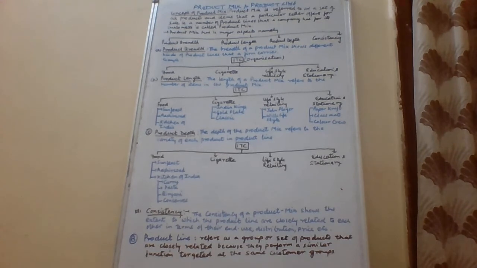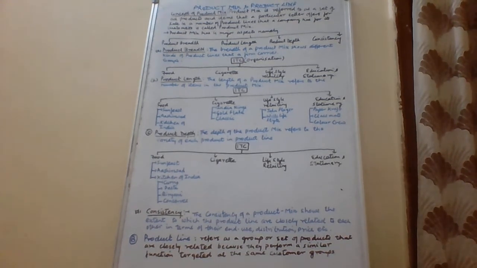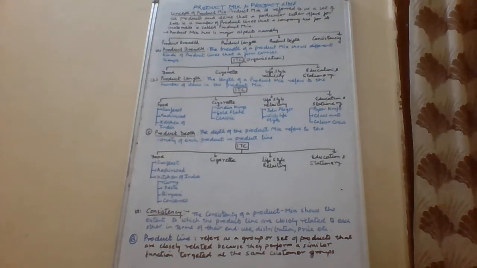I have taken these four for the purpose of understanding the concept of the product mix and the product lines. The breadth, as I've discussed, of any product mix shows the different kinds of product lines that a firm carries.